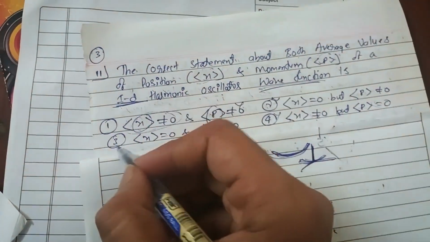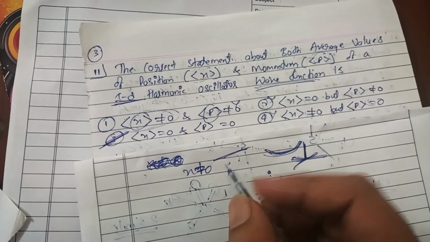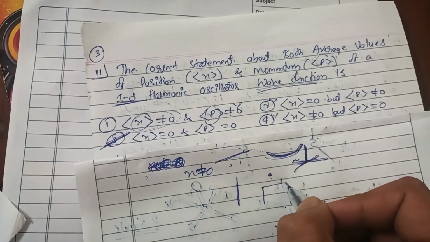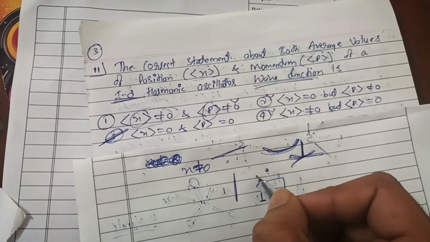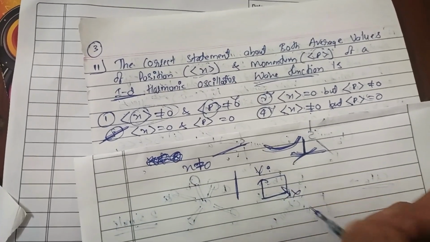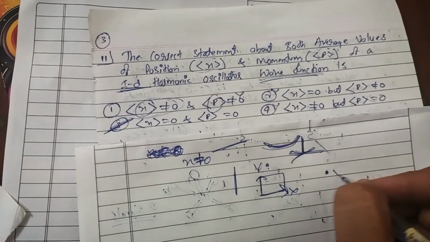For one dimension this will be correct, because in 2 dimensions there would be x and y. They are asking just about a point here.